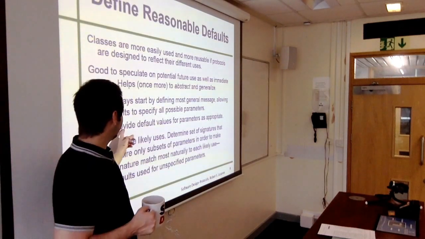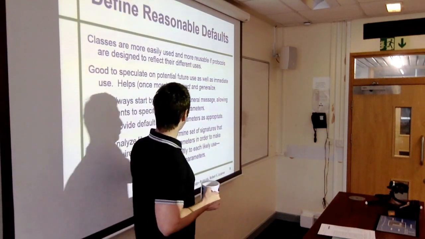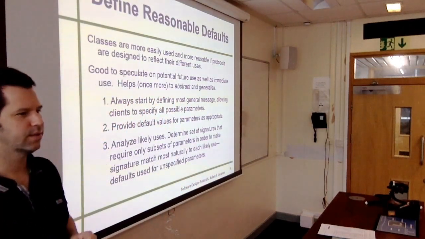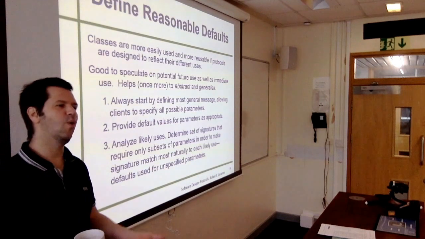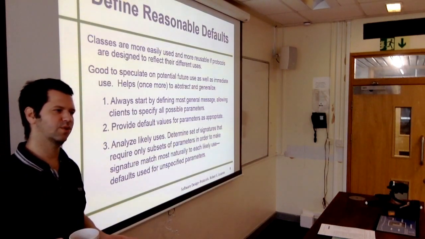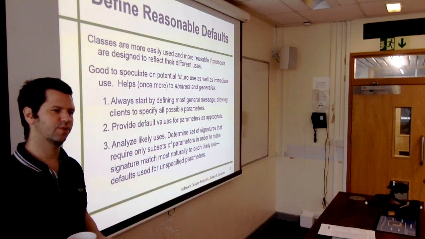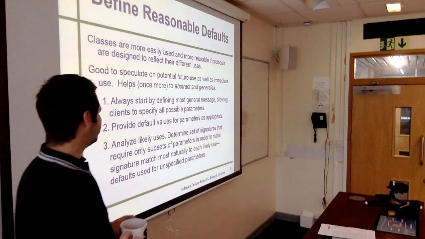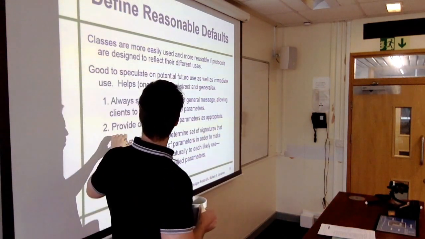But we provide default values for the input parameters wherever we can. And usually you can always define some default values or default parameters. This is something that is extremely important.